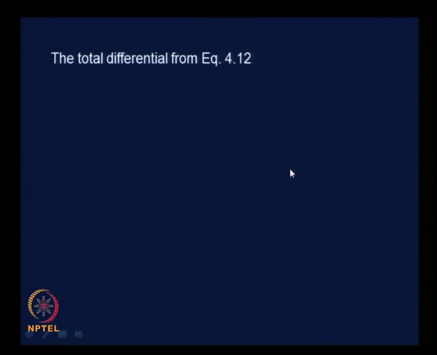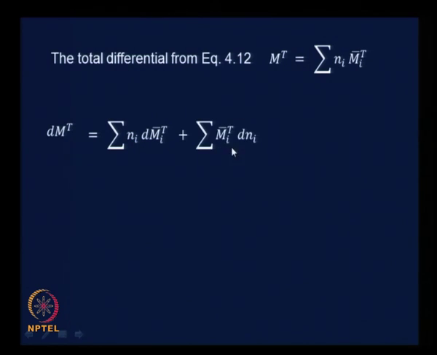The total differential from equation 412, which is this, Mᵗ equals summation of Nᵢ times the partial molar property of i. You take the product of each and sum them over, and that will be equal to the total extensive property value. This is equation 412. If we differentiate this, we get the total differential dMᵗ equals summation of Nᵢ dM̄ᵢ plus summation of M̄ᵢ dNᵢ.